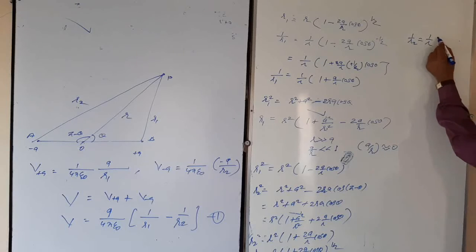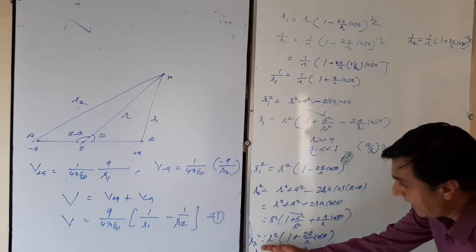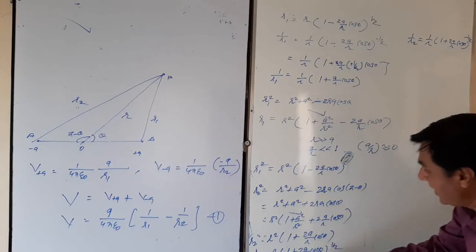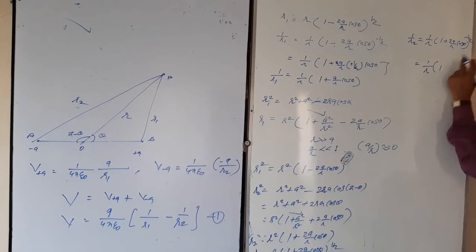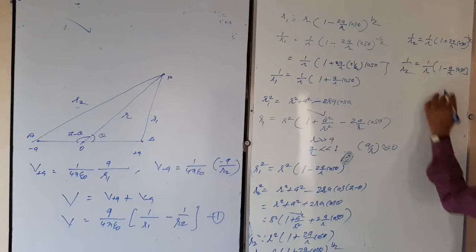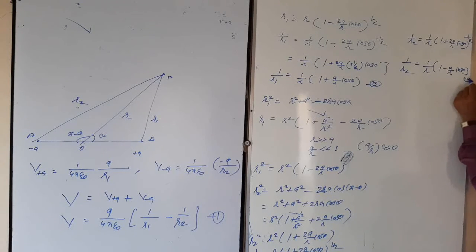So (1 plus 2a by r cos theta) to the power minus half, because I have taken not r2 but 1 by r2. So that is 1 upon r times (1 minus a by r cos theta), it is 1 by r2. Now this is equation number 3, and this is equation number 4.